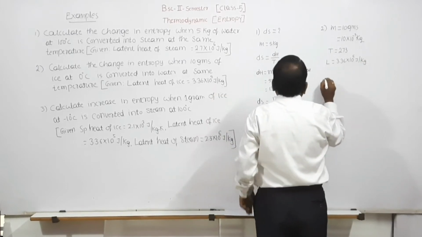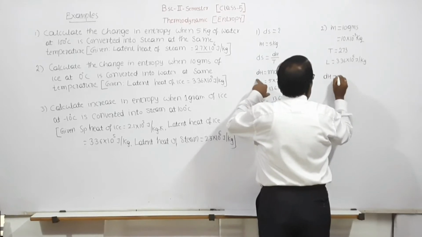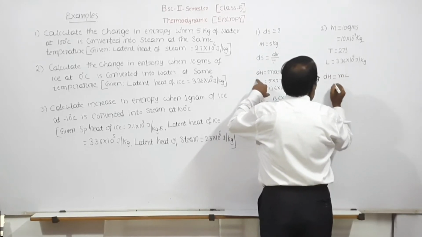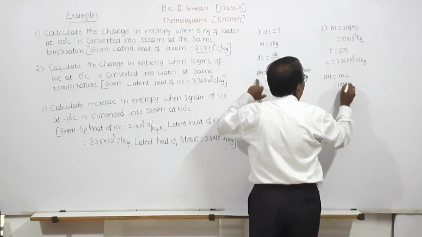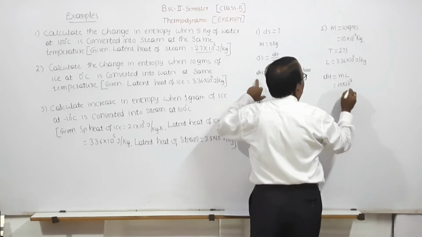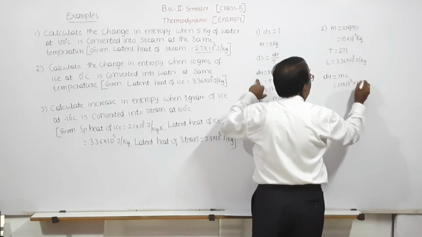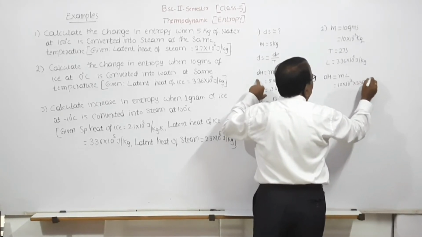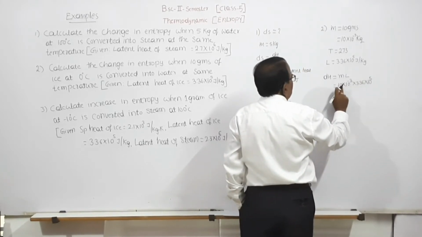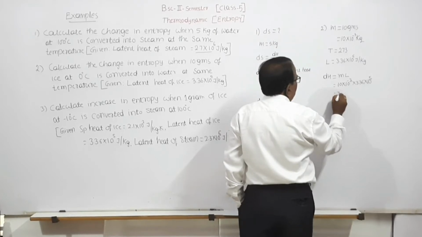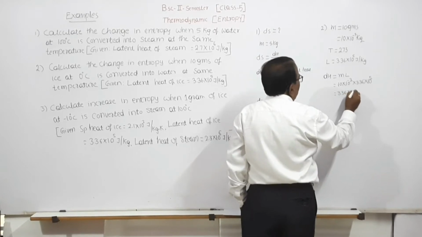Again here also you have to find out dH. dH is m into L. m is 10 into 10 raised to minus 3 kg, L is 3.36 into 10 raised to 5. This becomes 3.36 into 10 raised to 6.